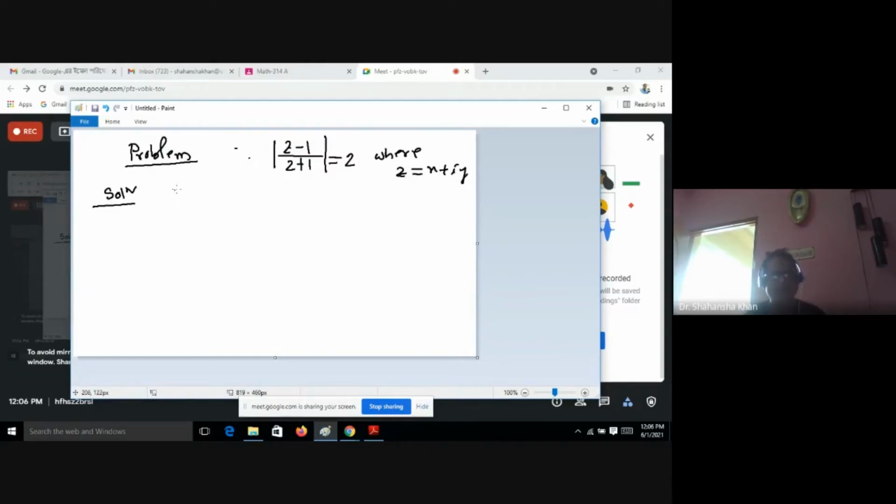At first, given that the modulus of z minus 1 by z plus 1 equals 2. We know the properties of complex numbers: modulus of z minus 1 over modulus of z plus 1 equals 2. Cross multiplying, modulus of z minus 1 equals 2 times modulus of z plus 1.